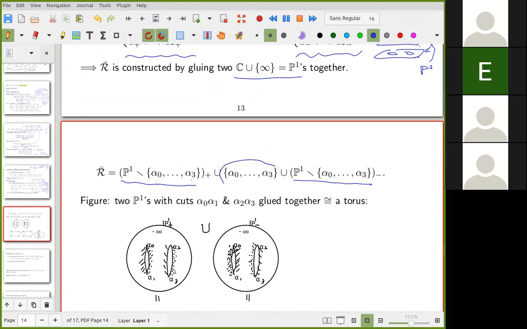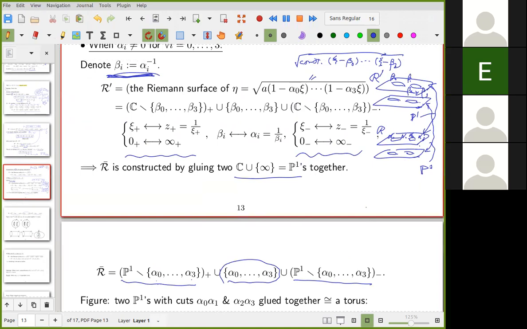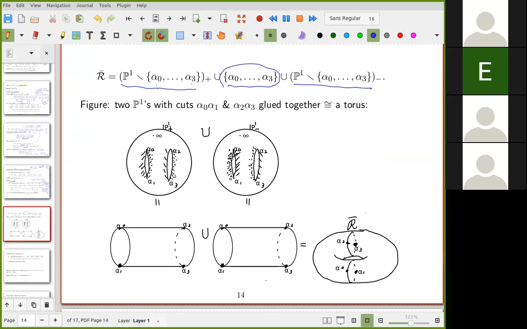And after that, we add those points, namely, except for these infinities, we have R. Here we have infinity plus, infinity minus.